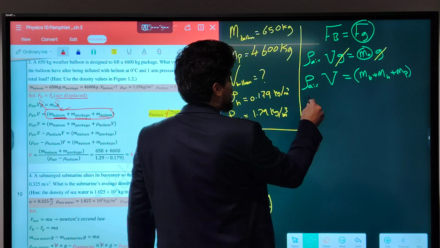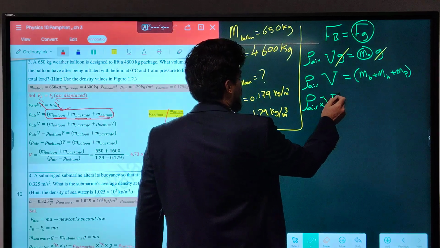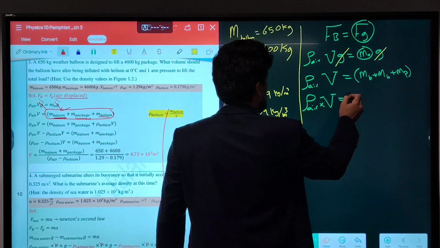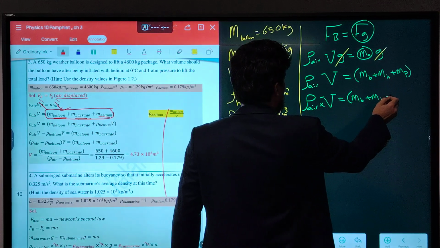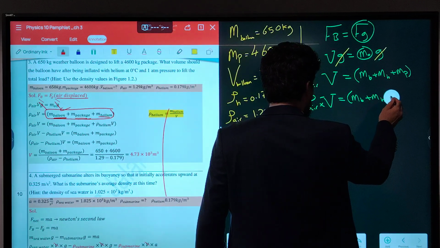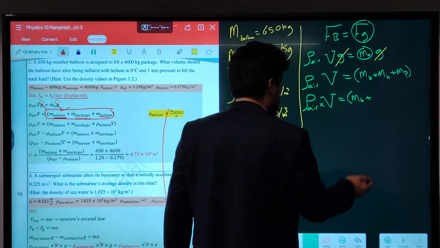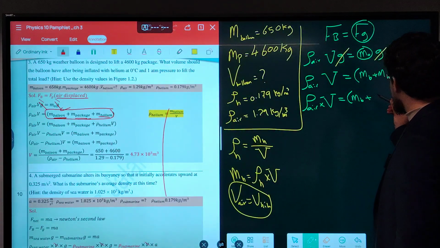Bring down this: the density of air times volume is equal to mass of balloon plus mass of helium plus mass of package. Instead of mass of helium, write down the density of helium times volume.